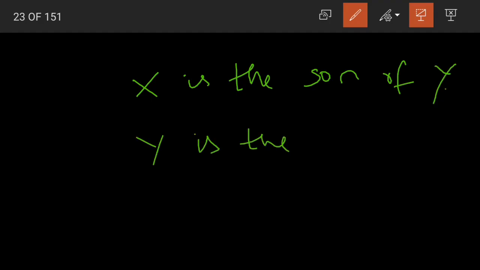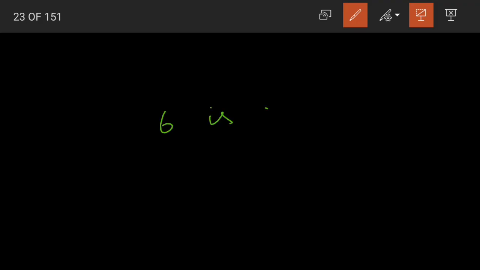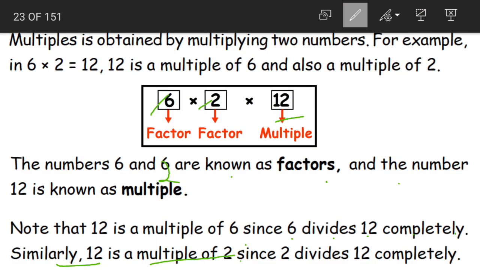Y becomes the father of x. Yes or no? In the same way, when we say that 6 is a factor of 12, 12 becomes the multiple of 6, children. 12 is a multiple of 6.